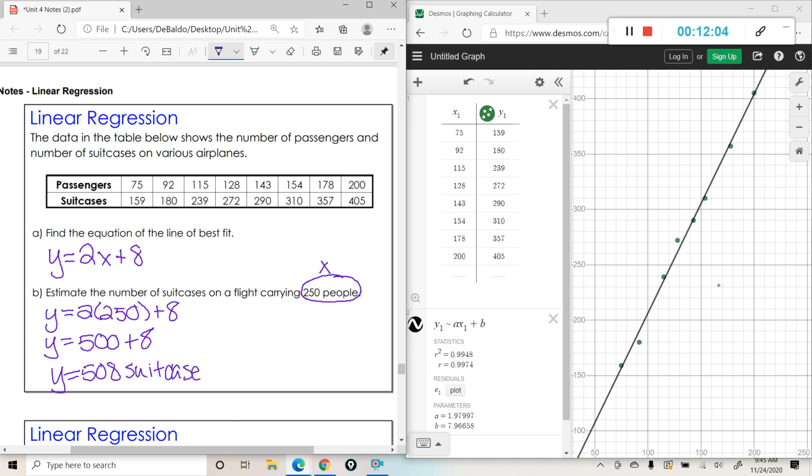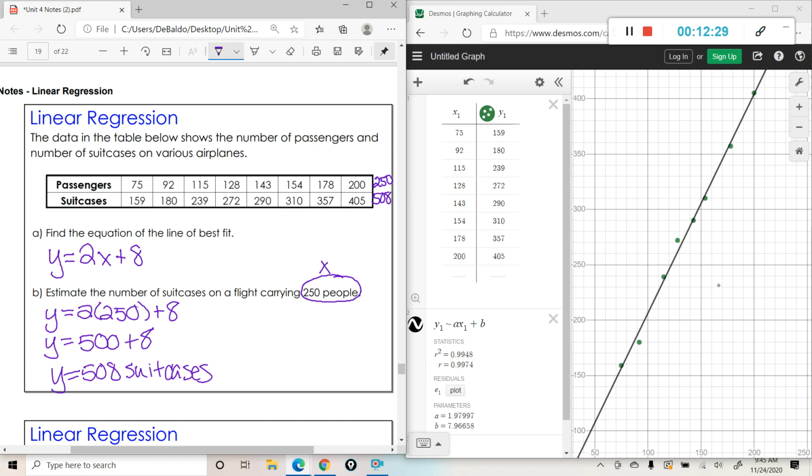Now, think about this and ask yourself, does this seem reasonable? Think about the data up here. If I had 250 as my next data point, does it seem reasonable that the number of suitcases would be about 508? Absolutely. If the data is linear, which this is, you should see that as your X increases, your Y is going to increase at that same rate.